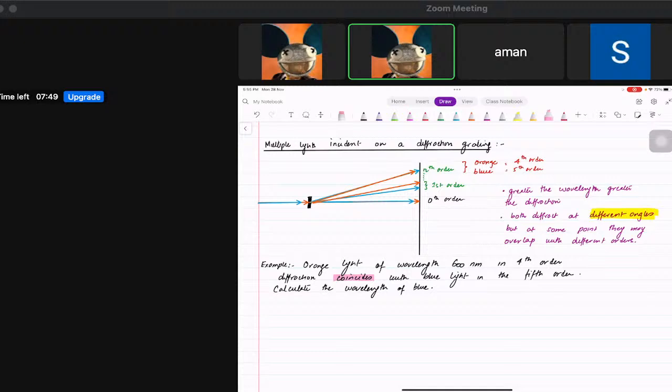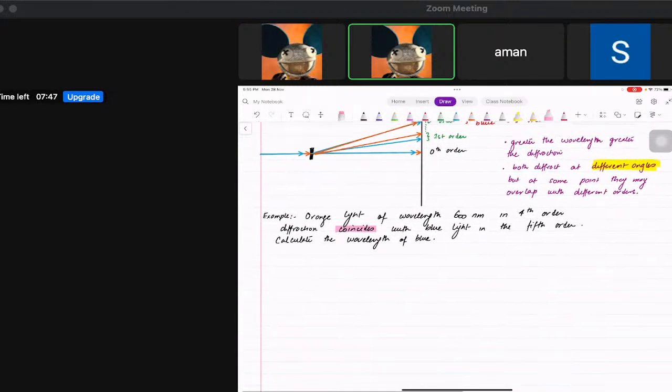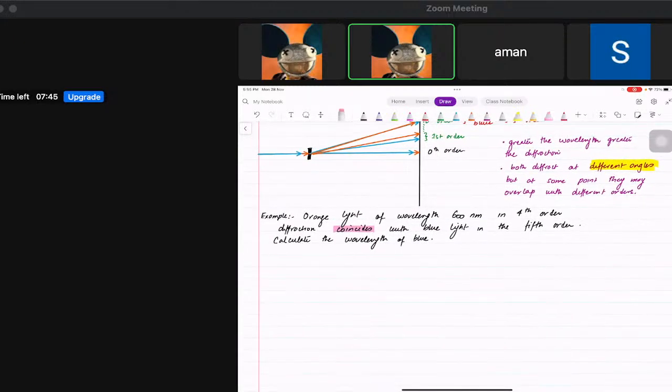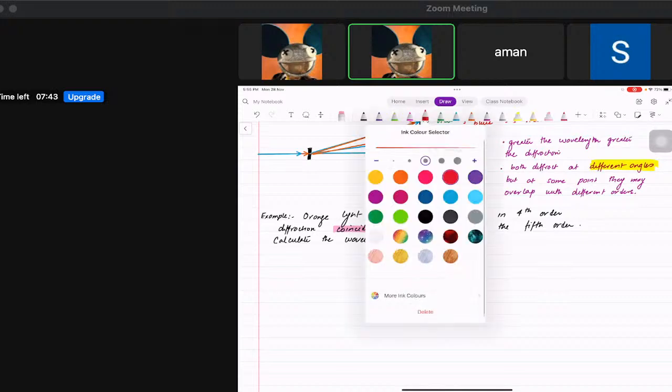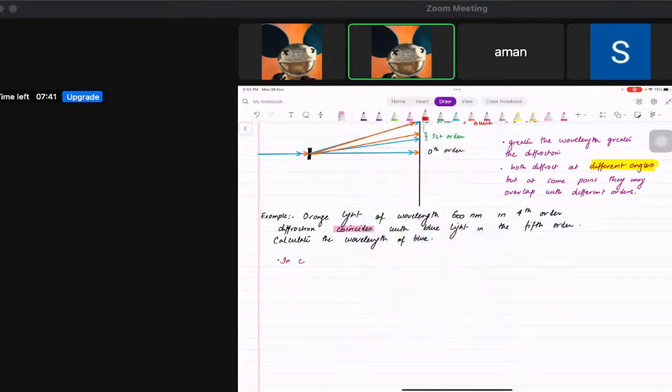Now you should remember one formula. In case of overlapping of different wavelengths, the angle theta is the same for both.